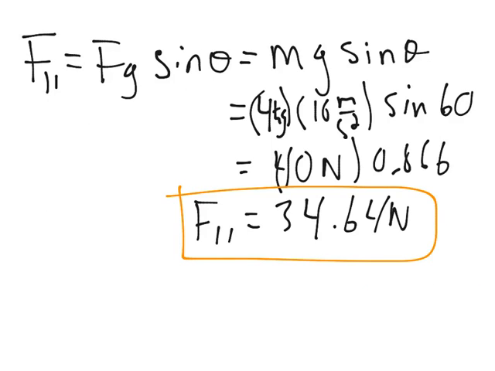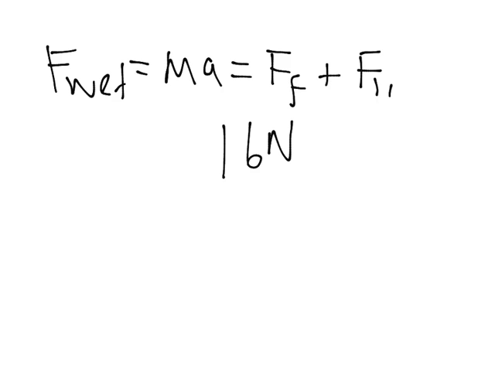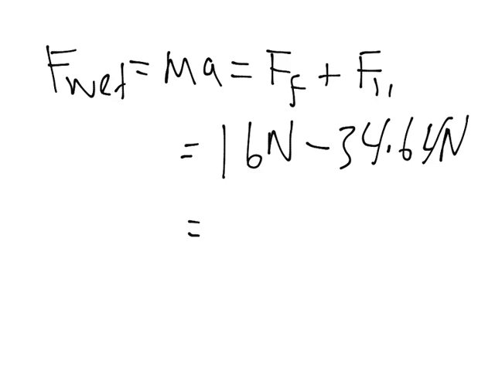And then F parallel is 34.64. So we have minus 34.64 newtons. So this equals 18.64 newtons. Now we have to remember is that this turns out to be a negative number, but honestly it doesn't matter.